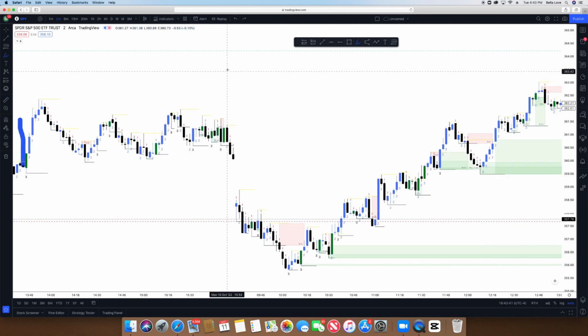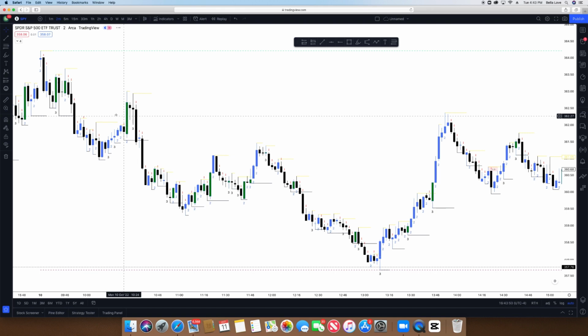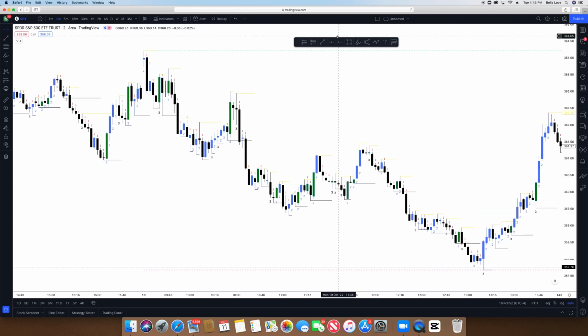I'll show you guys one more example of a displacement before I actually get into backtesting mode, so you guys can see how displacements play out. You guys can see here, this is a displacement in the market. Now it did get kind of filled way over here, but you guys can see how the market drew back up into the displacement.